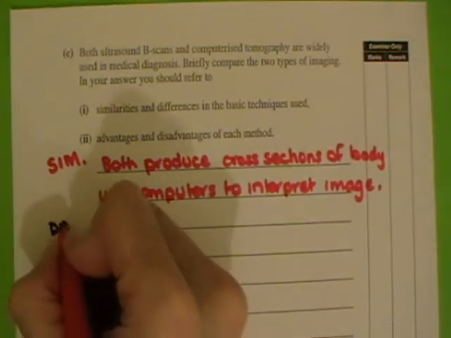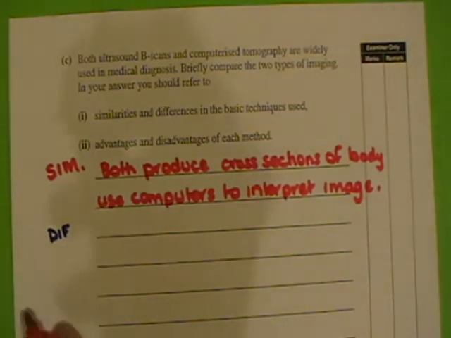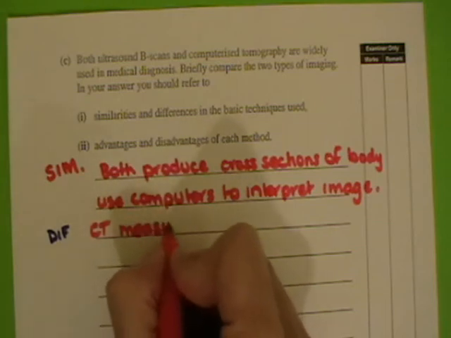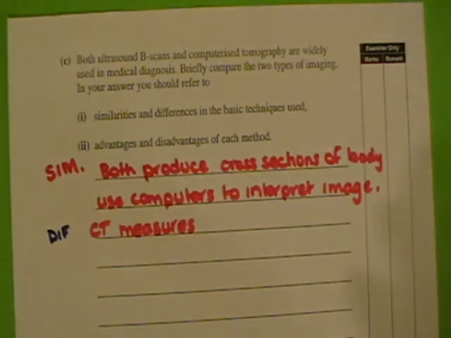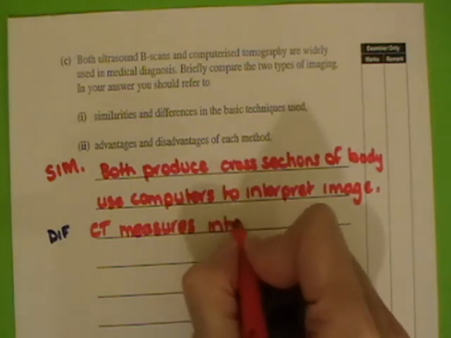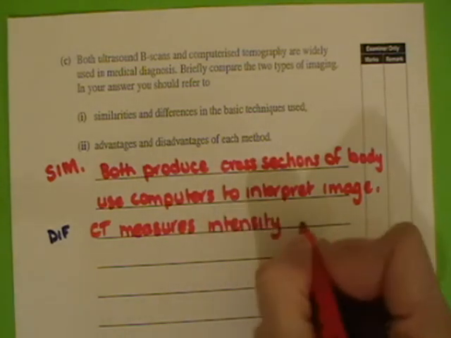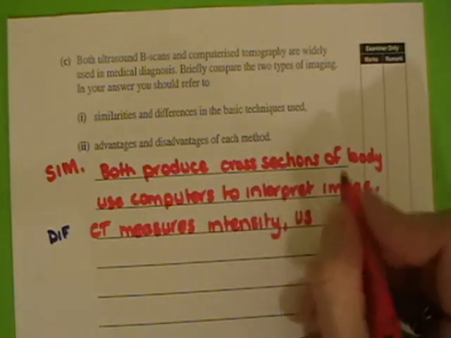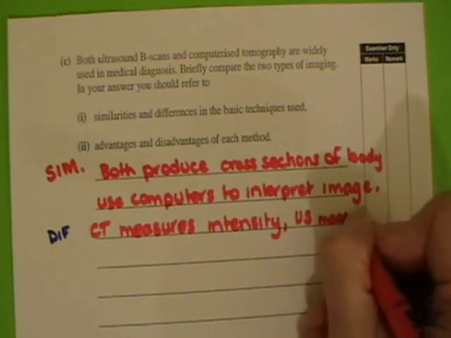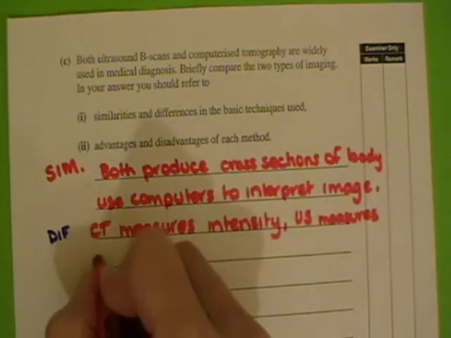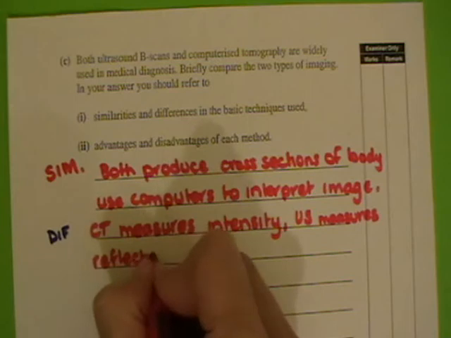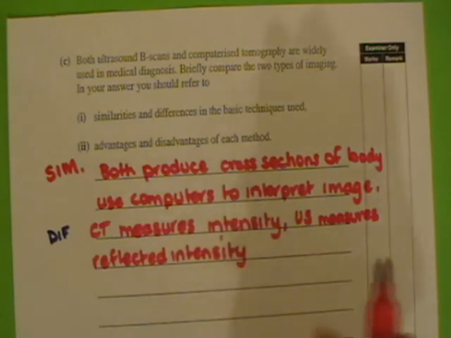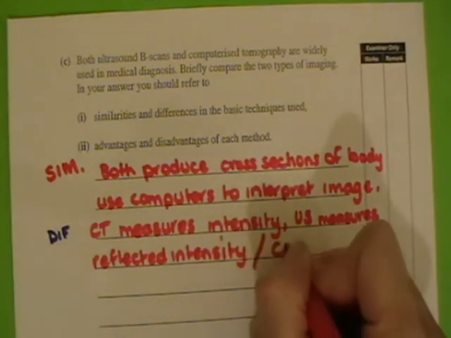A difference. The CT scan measures, now this is coming from the mark scheme, it's not maybe something I would have written myself, but the CT scan measures the intensity. Ultrasound measures reflected intensity. A different one's CT can image bone.